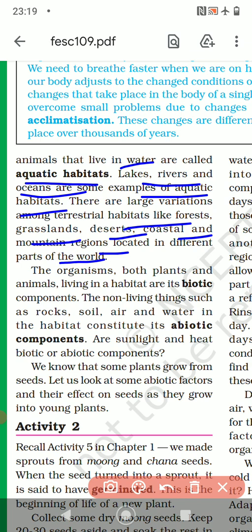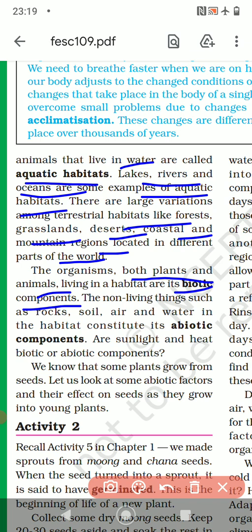the world. The organisms, both plants and animals, living in a habitat are called biotic components.